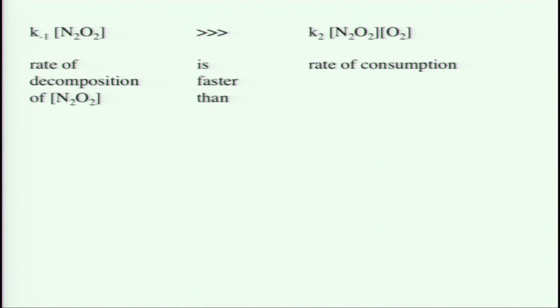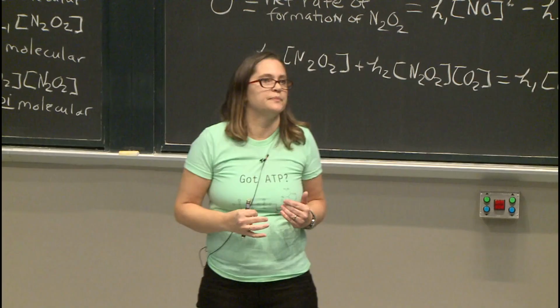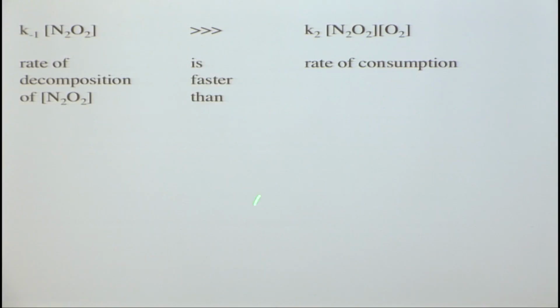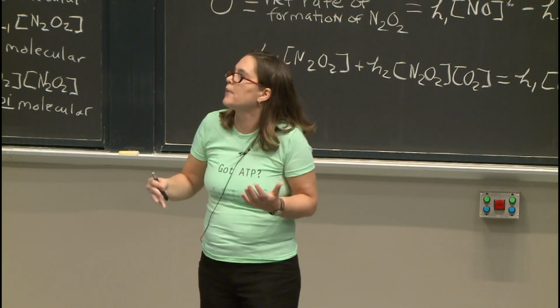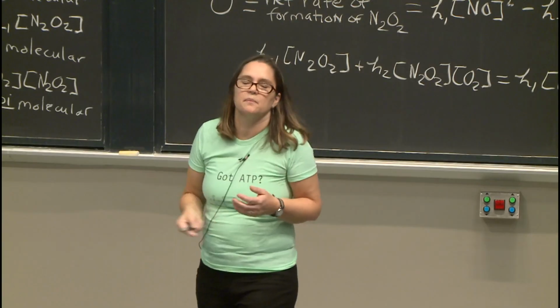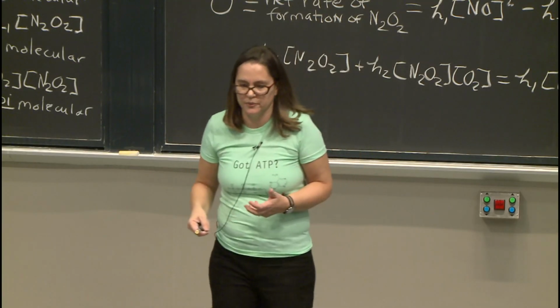The rate for the second step is slow, rate determining. So that will mean then that K1 is going to be greater than K2 times O2. So we can drop out our concentrations here to think about them. They're going to be the same. So what's left, that means the rate constant for that reverse step is very fast. It's a big number. That's going to be big compared to K2 times O2.